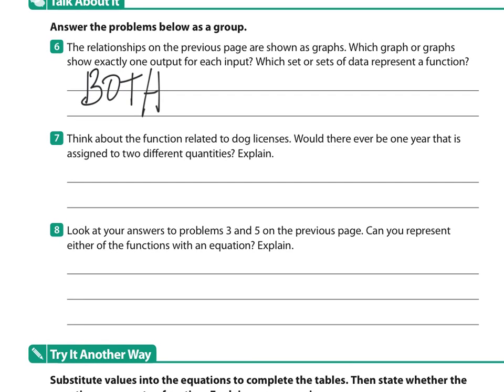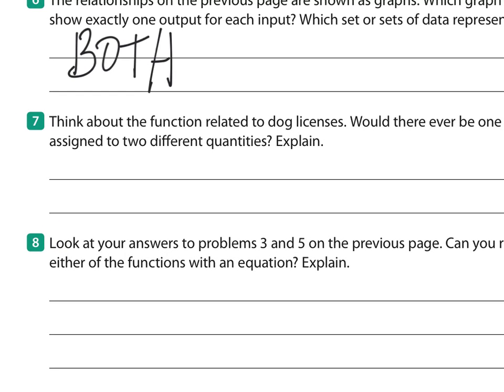Would there ever be 1 year where that could happen? No. I'll just say that isn't possible. Right? Because again, the next year would have its own number. You couldn't have 1 year where you somehow gave out 2 different amounts, because we're including everything in one.